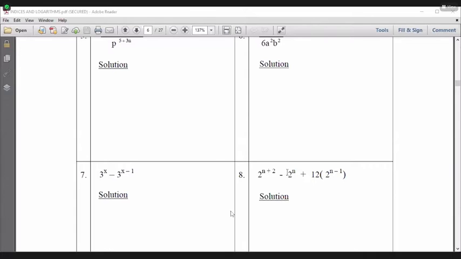Yes. And if it's 2 raised to power n outside, then inside 2 squared minus 1, which is 4 minus 1, 3. So the whole of this part comes to 3 times 2 raised to power n minus 12 into 2 raised to power n minus 1.